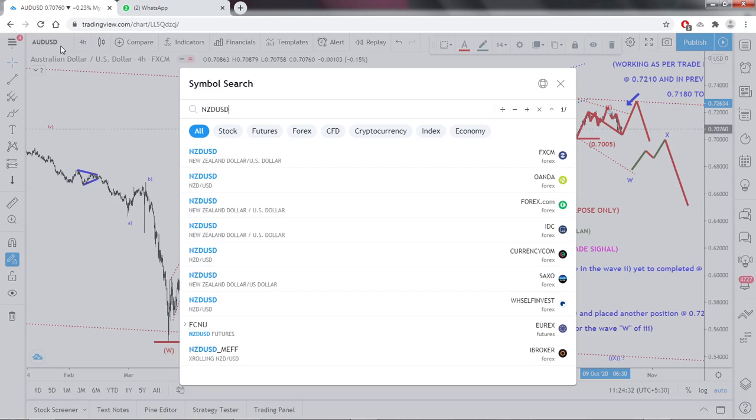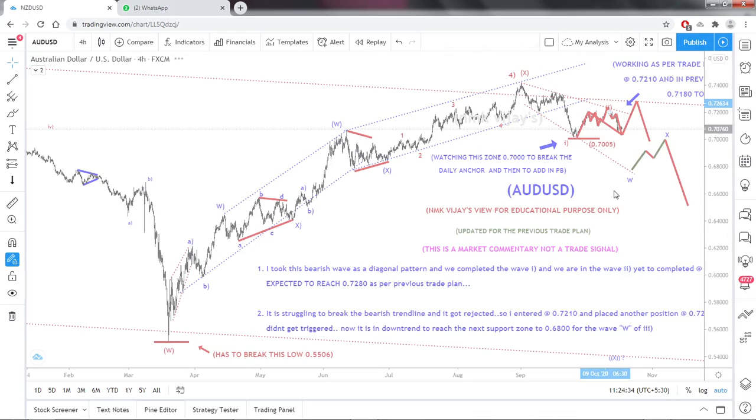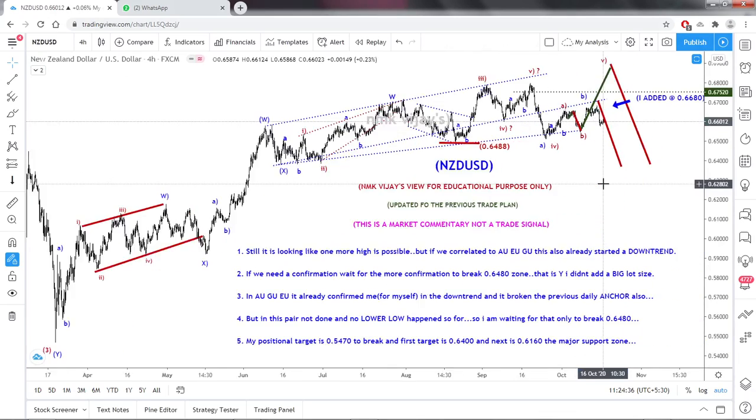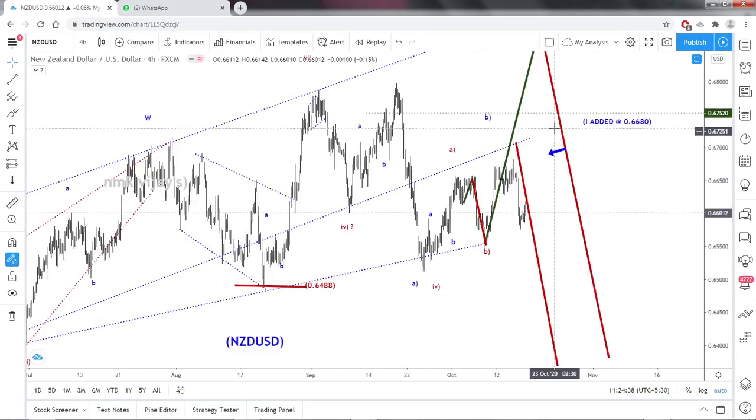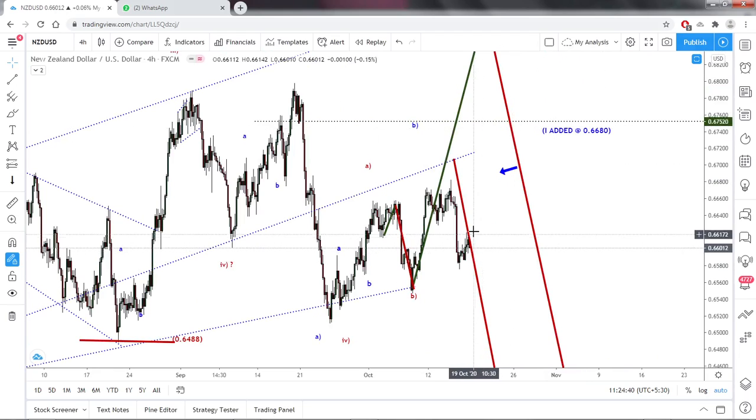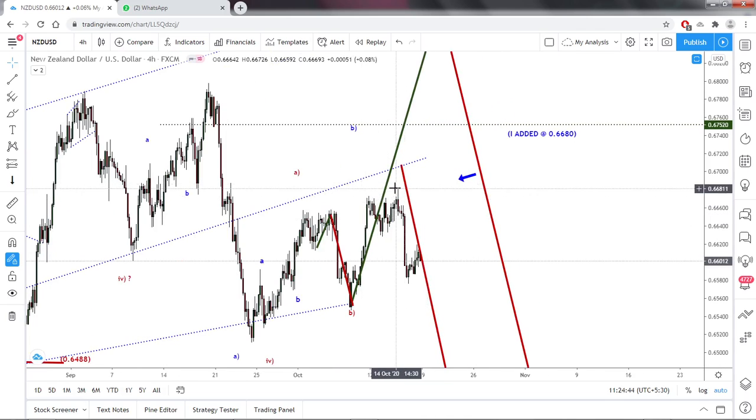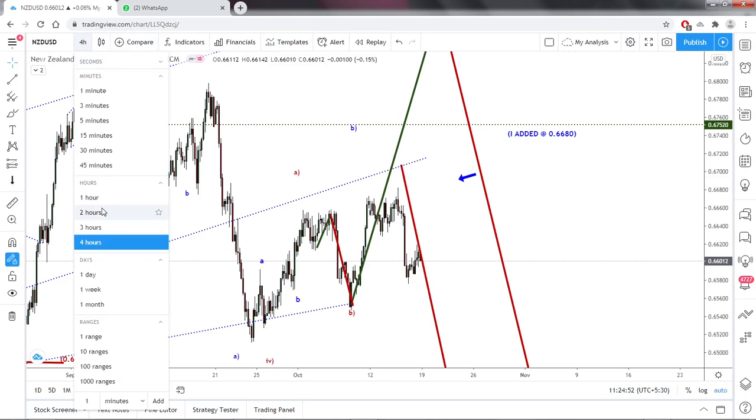And the New Zealand dollar also, the same thing. Here it did a 5-wave structure, but I'm not so satisfied with this also. I will show you in the 1 hour.